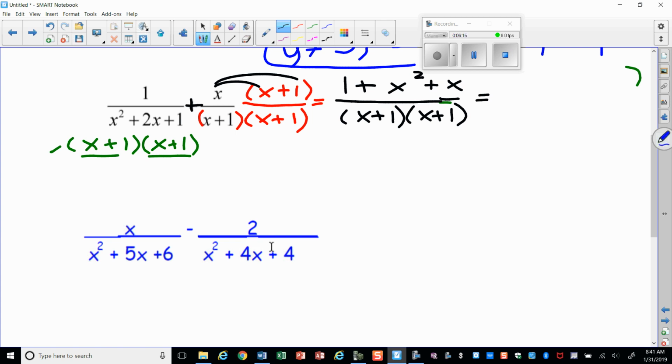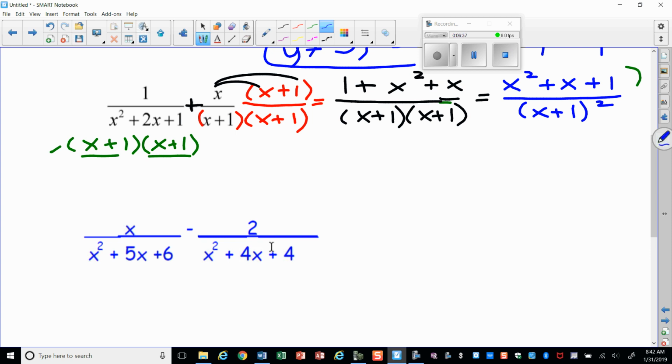Since I can't factor that, I'm just going to leave it, but I'll put it in the proper order. So x squared plus x plus 1 is my numerator, and I've got x plus 1 squared in my denominator.